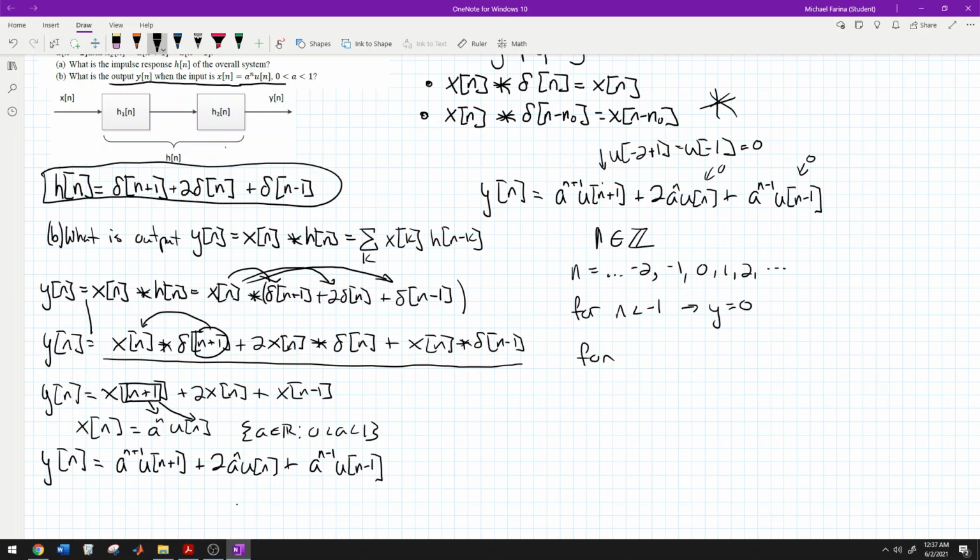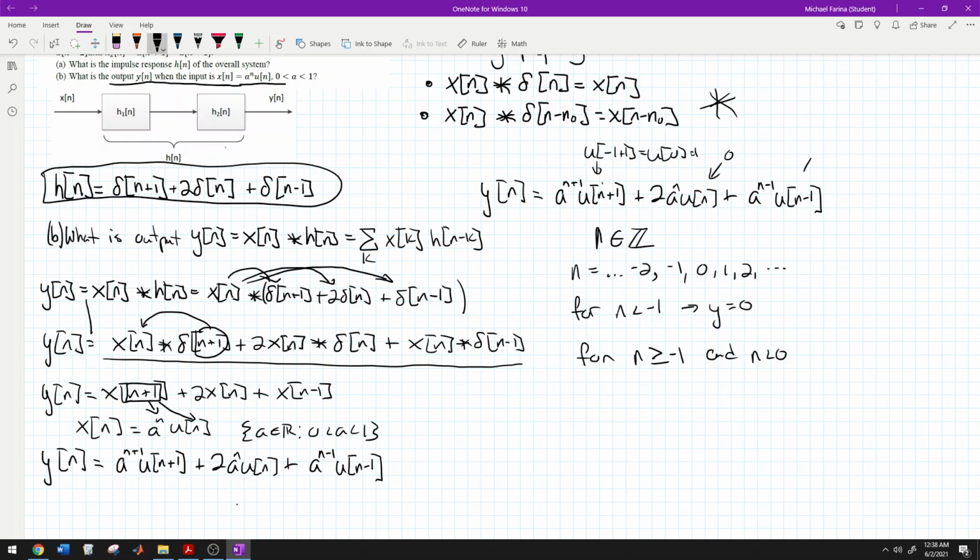Now, for n greater than or equal to -1 and n less than 0, if it's an integer, it can only be -1. So then what do we have? Right here, we're going to have u of -1 plus 1, equal to u of 0, equal to 1.